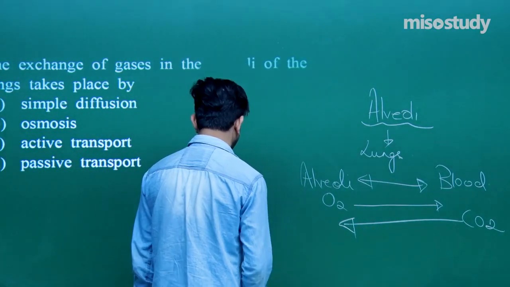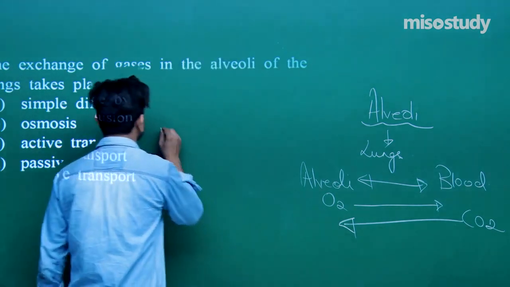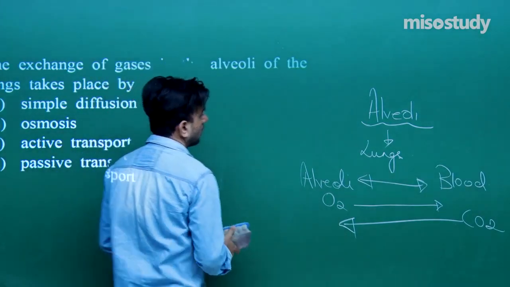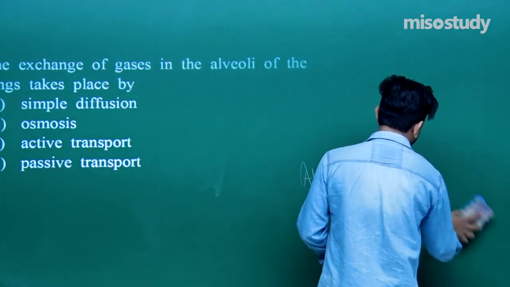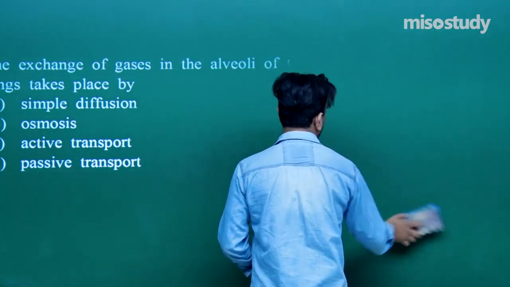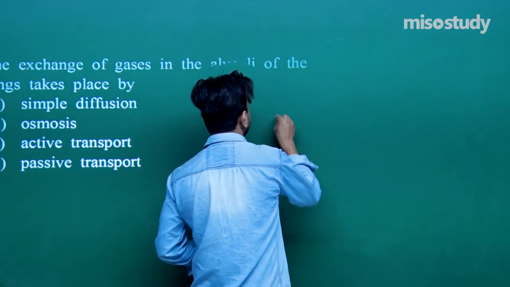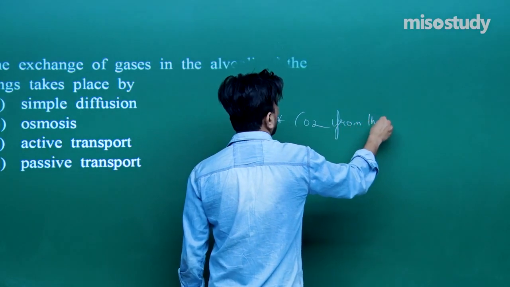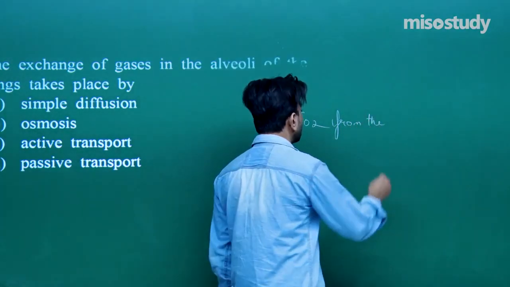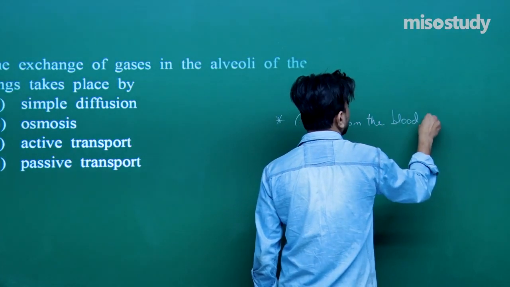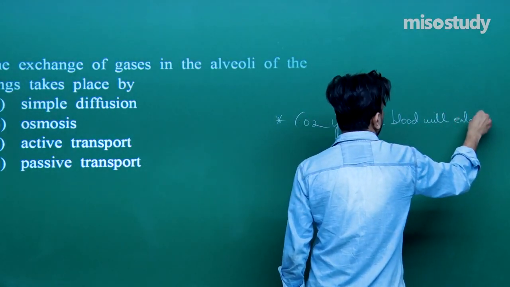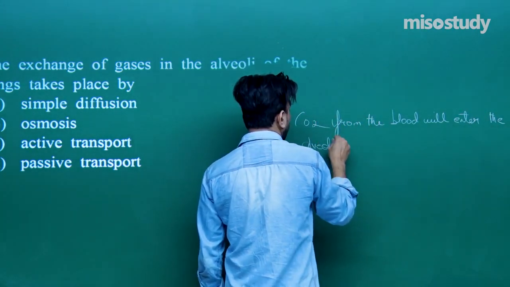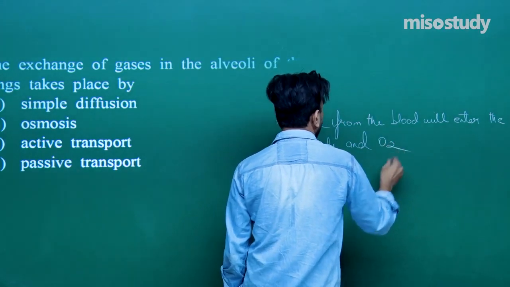So what we can say, we can write this as carbon dioxide from the blood will enter the alveoli, okay.